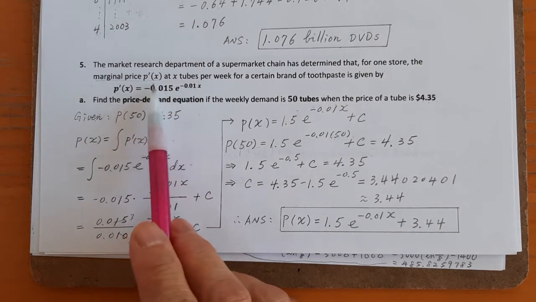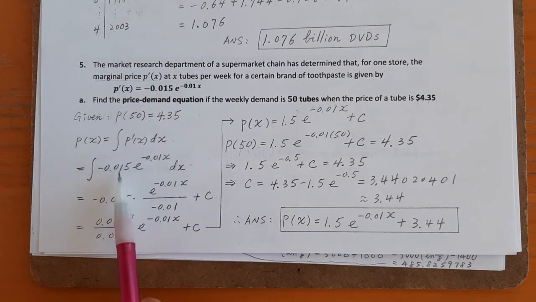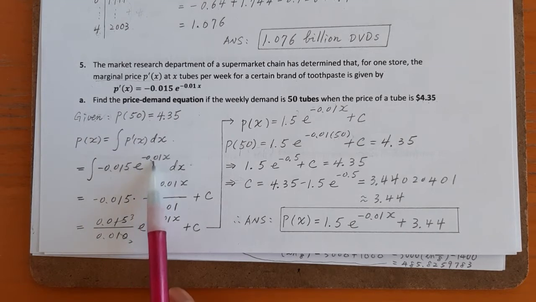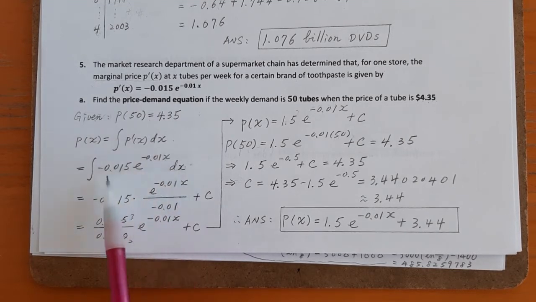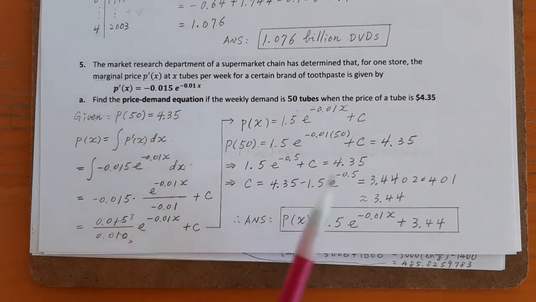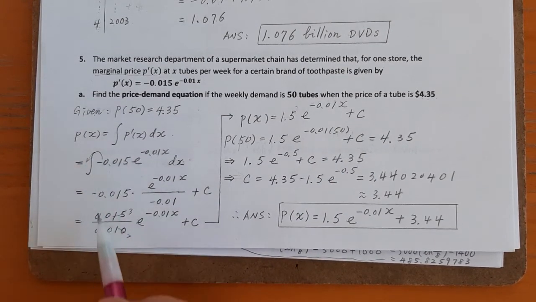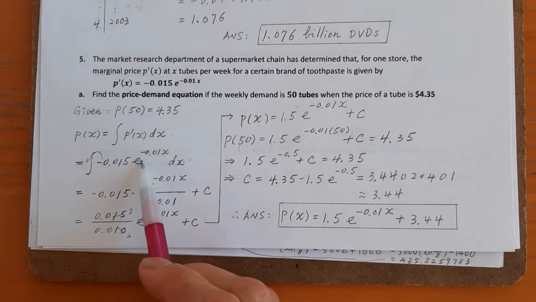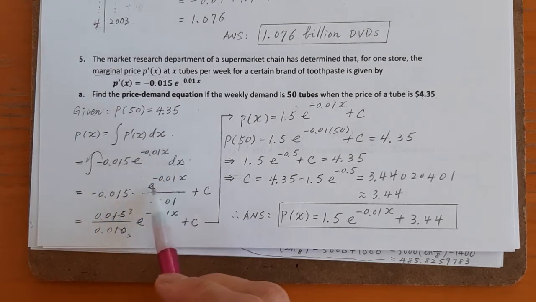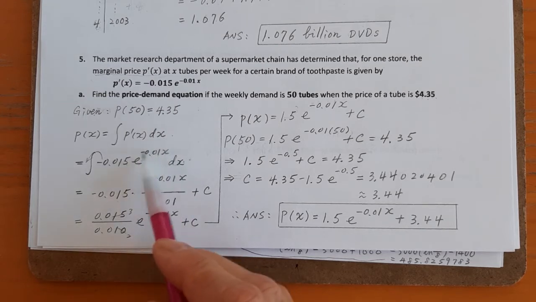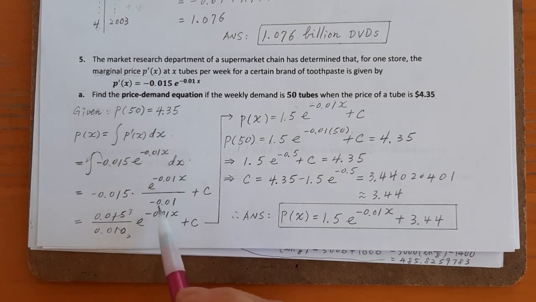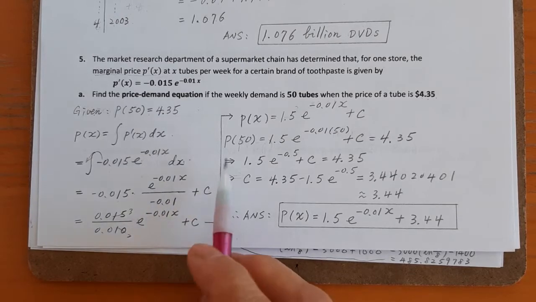P prime of x is negative 0.015 e to the power negative 0.01x dx. Take the integral of this. First of all, factor out the constant term: negative 0.015 times e, whose integral is still e, still itself. But you need to divide it by negative 0.01, then add a c.